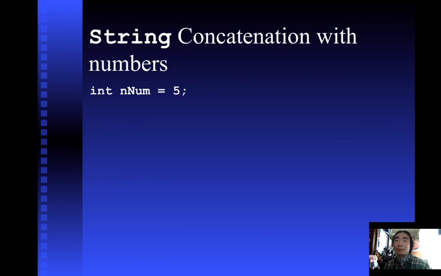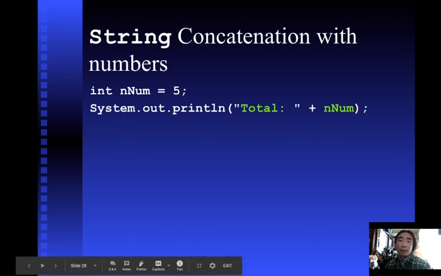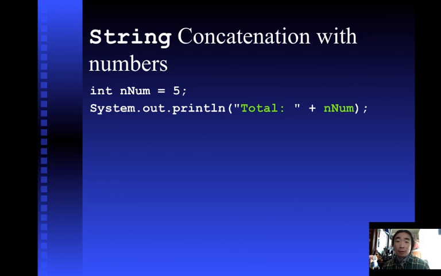Now we go back to this idea of data types that we introduced way back in the fall semester. Let's try to concatenate, or put together, strings and integers, and let's see what happens. Here we have int num equals 5. println of "Total: " plus num.